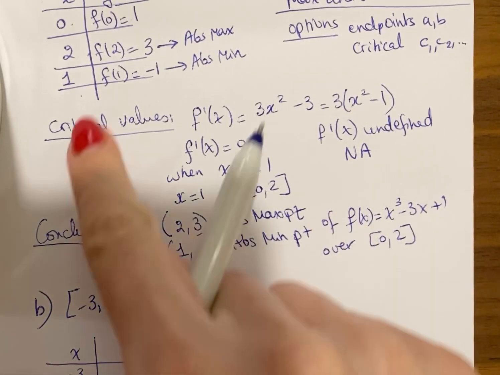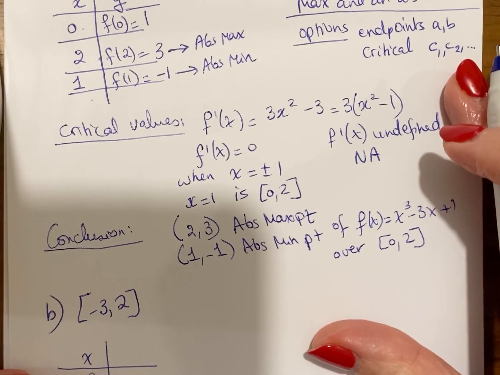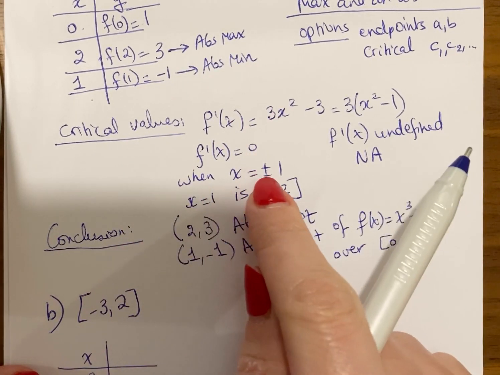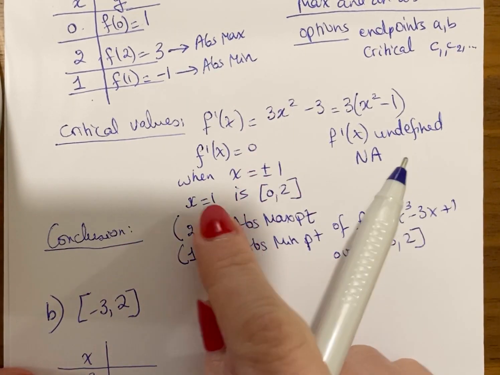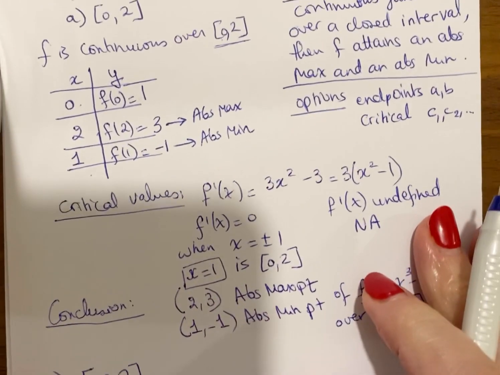Do I need to do the study of the critical numbers all over again? Of course not. When I did the study, it turned out that my critical numbers are plus and minus 1. But I only used x equals 1 because the interval was from 0 to 2.